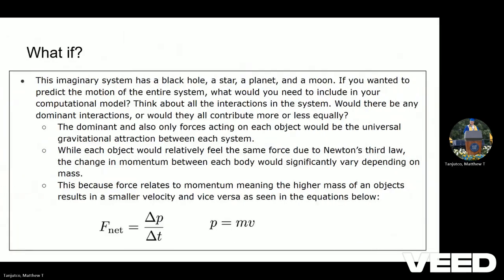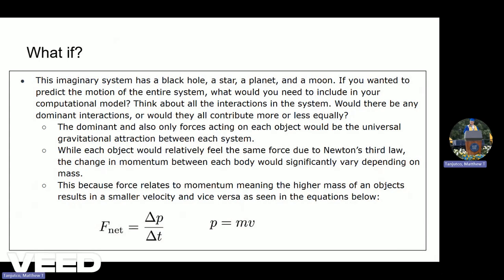What if there was a universe where the black hole, a star, a planet, and a moon existed in the way the simulation was doing? Well, to calculate the motion in a simulation of all these objects, we would need to know the dominant force acting between each of them, which is just universal gravity.